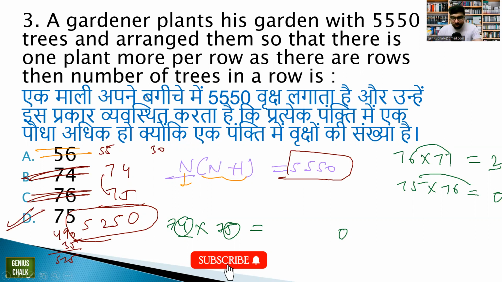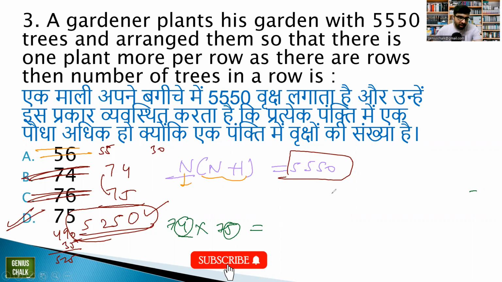Let's check how it is possible to get the answer. Just multiply 75 into 76, and that must be equal to, common sense says that this is 5250, so a little more than this would give the answer. So what we'll do, let's check 76 into 75. 75 sixes are 450, so the last digit must be 0. Let's check it.